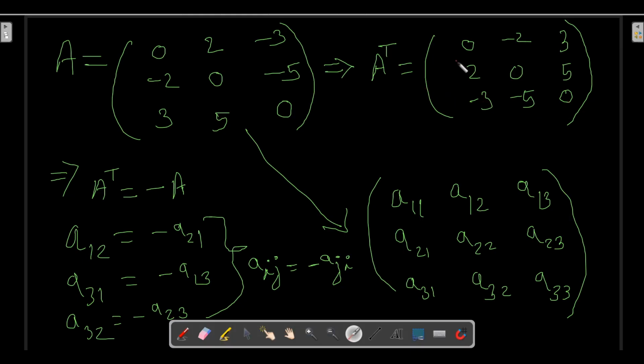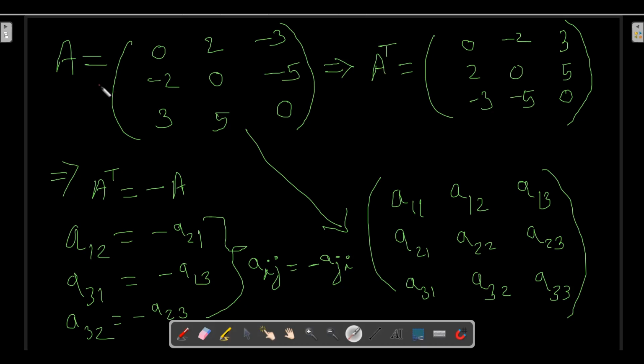Now you can clearly see that A transpose comes out to be equal to minus A. This is A transpose and this is A. If you multiply A by a minus sign, 0 will remain unaffected, 2 will become minus 2, minus 3 will become plus 3, minus 5 will become plus 5, minus 2 will become plus 2, plus 3 will become minus 3, plus 5 will become minus 5.